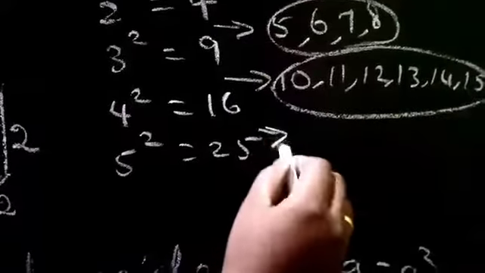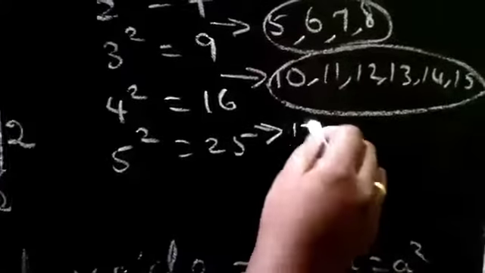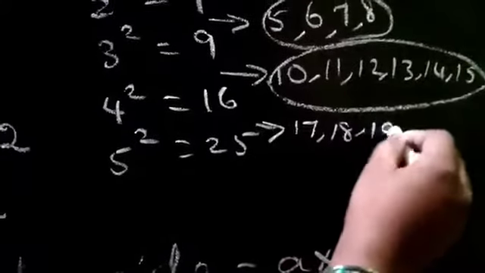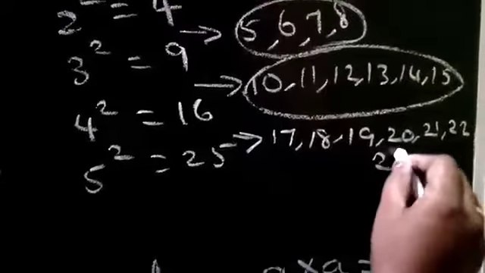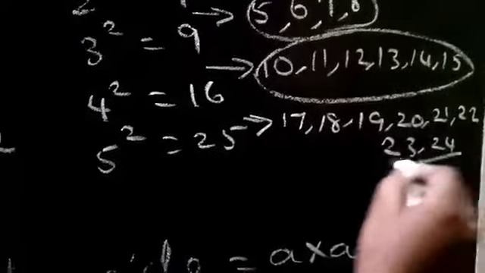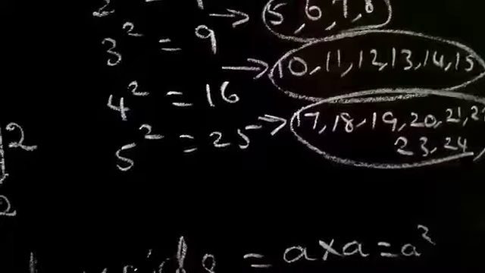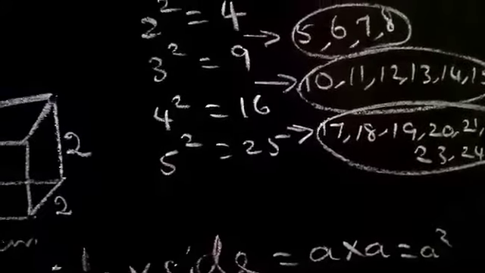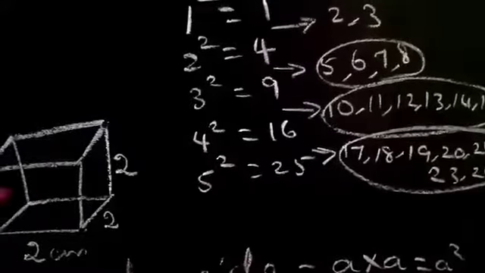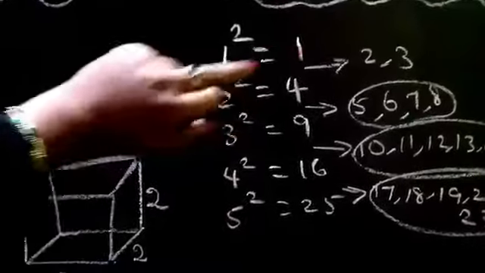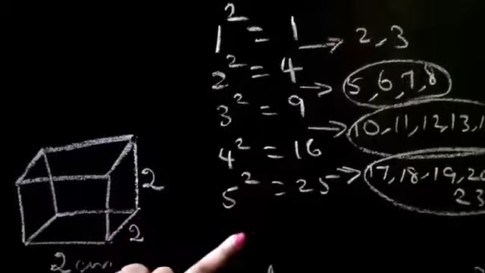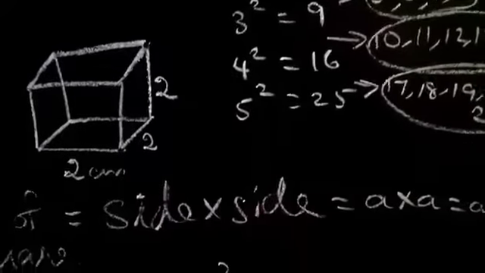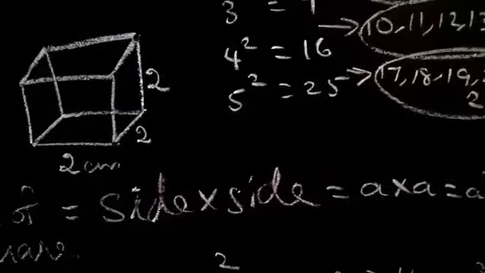Here in between, 17, 18, 19, 20, 21, 22, 23, 24, these numbers are not your square numbers. So what square numbers will we get? 1 square is 1, 2 square is 4, 3 square is 9, 4 square, 5 square, 6 square, 7 square, like that. Only those numbers will be the square numbers.